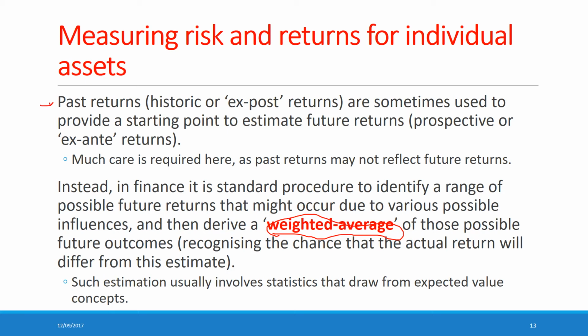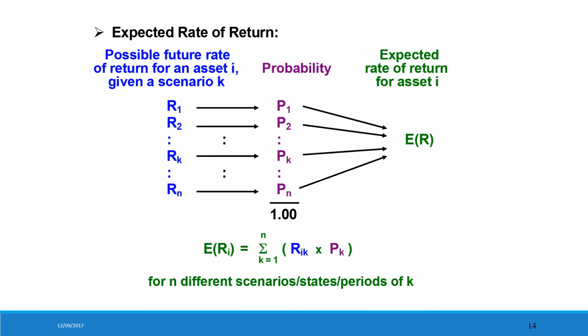We could use past returns to estimate future returns, but past returns are in the past, right? So we're looking backward. So the data therefore might not be as accurate as when we use probabilities. So the idea here is we want to measure the expected return of a certain investment.